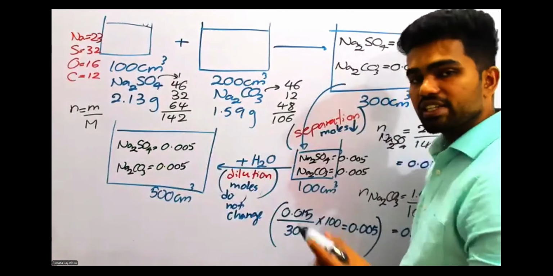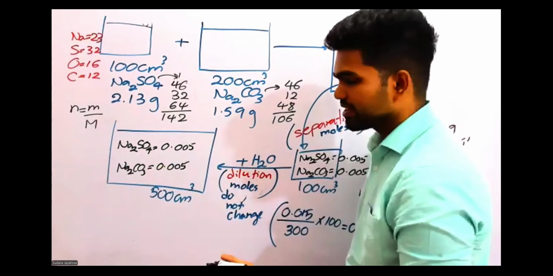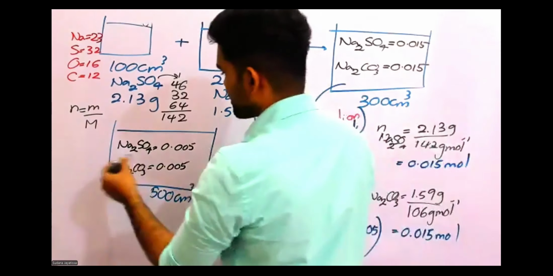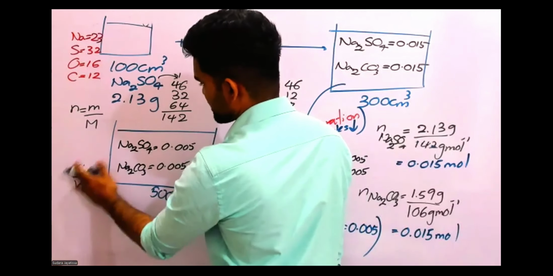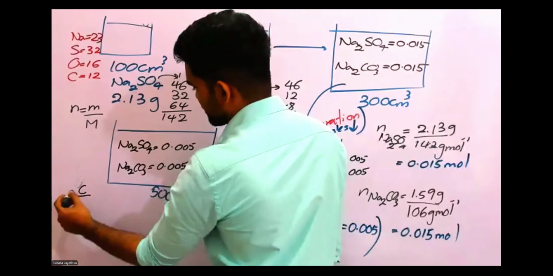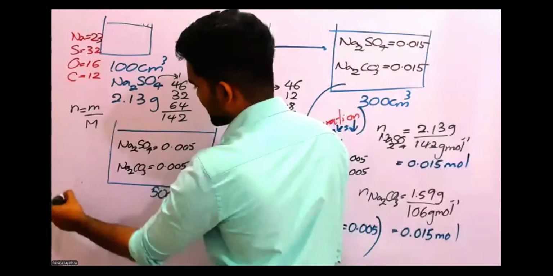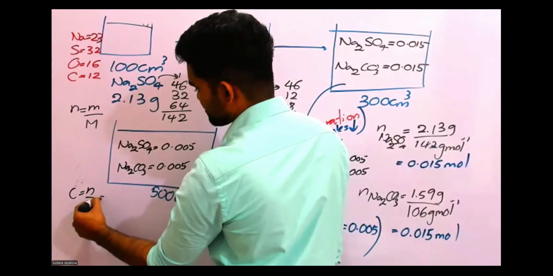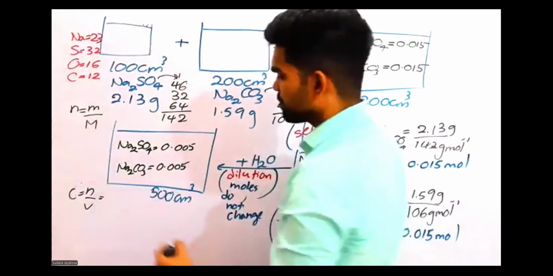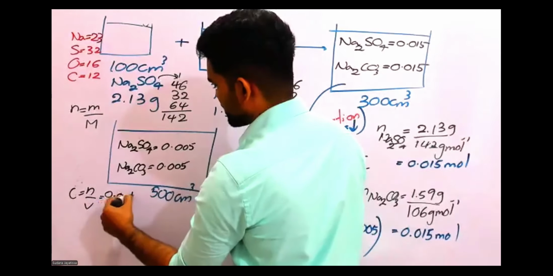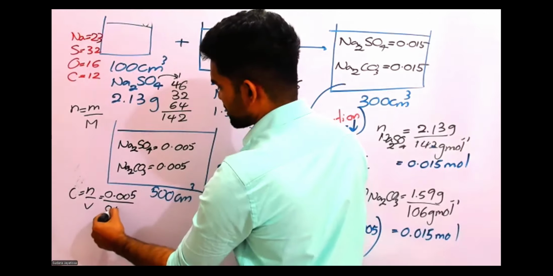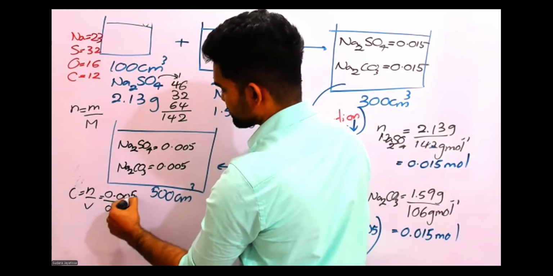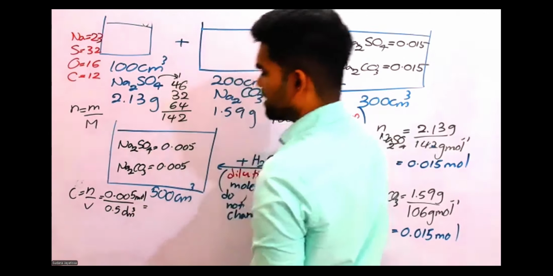Then the question is asking something about the concentration. So we need the concentration of these substances in the final solution. To find the concentration, you have to simply divide the number of moles by volume. So the number of moles is 0.005. Volume is 500, that means 0.5 decimeter cube. So after dividing, you will get what?